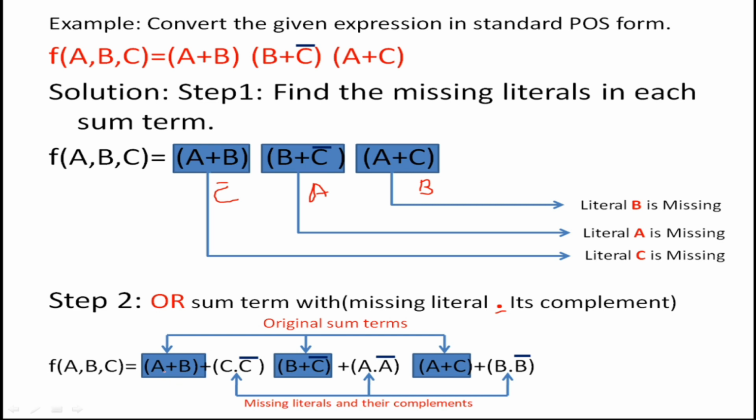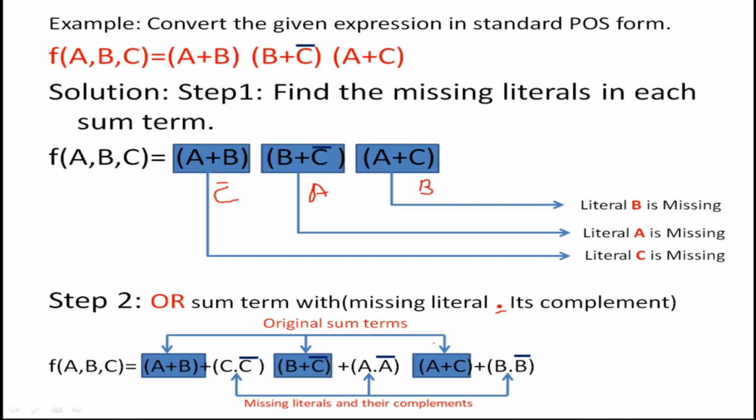Here you can find A plus B, B plus C bar, and A plus C are the three original sum terms in the given expression. For that we are going to add a missing literal with its complement, that is C into C bar, A into A bar and B into B bar. These are the missing literals and their complements.